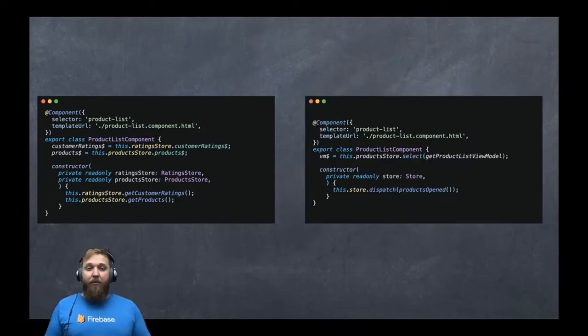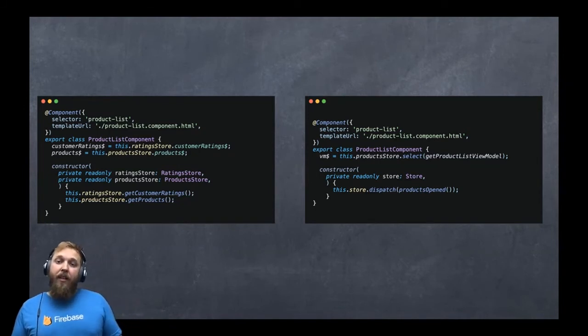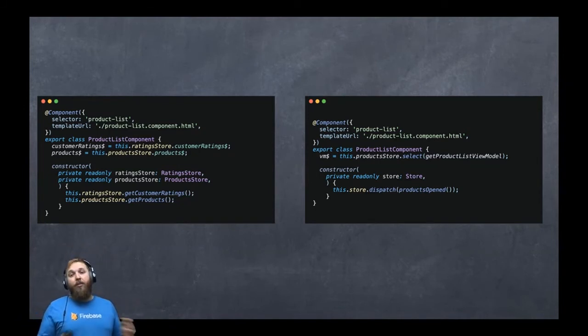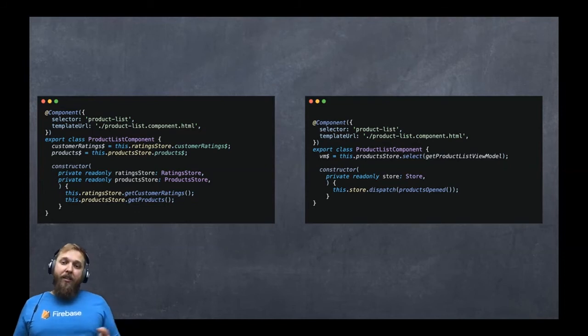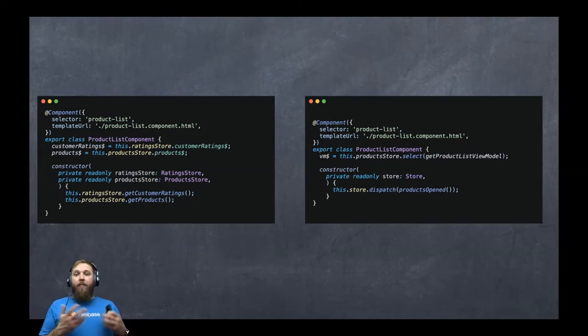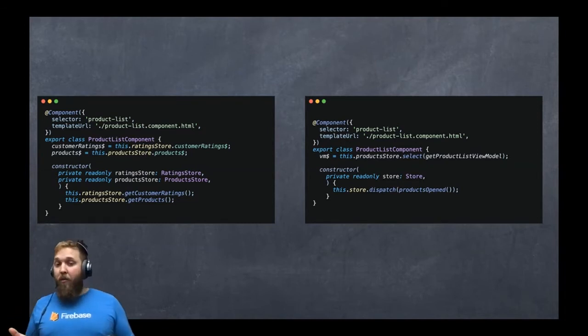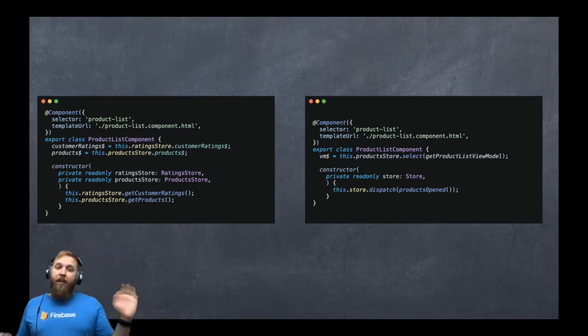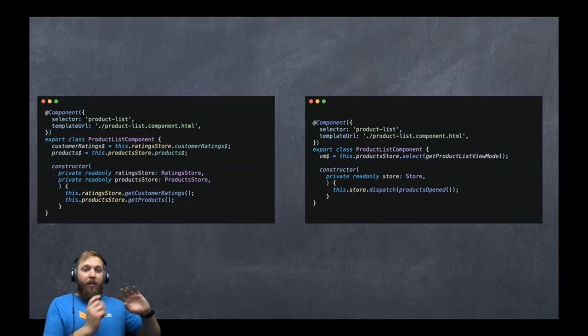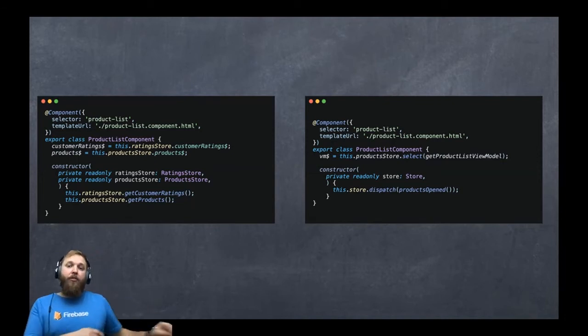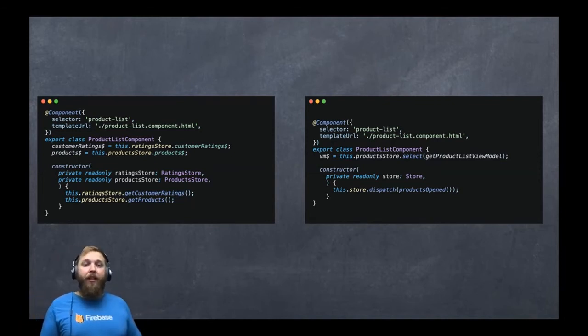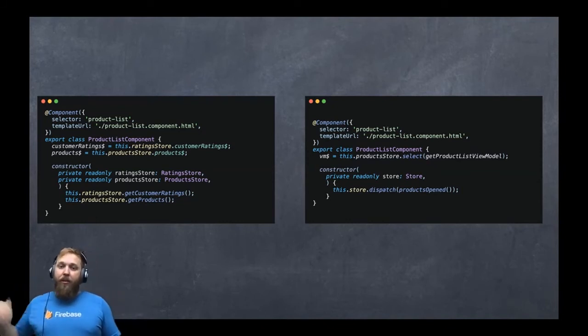Anyhow, in this case, what we can do instead is use the global store, and we can just dispatch the action, the event into the system that, hey, my products page has opened. And then the effects for ratings will see, oh, the products page is open, let's fetch those ratings. And then the product effect says, okay, the product opened, let's fetch that product data as well.